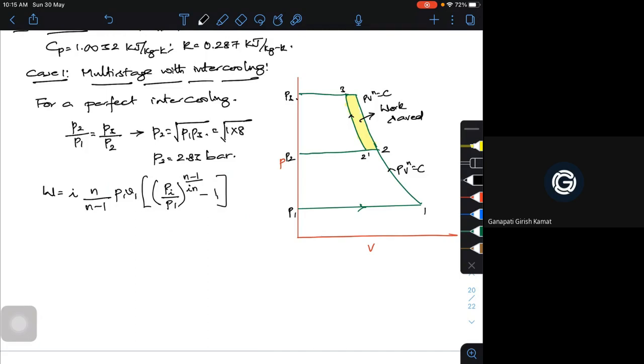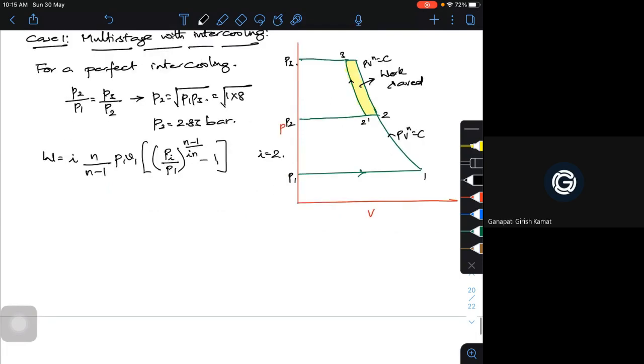Here, for a two stage, I is equal to 2. Let me substitute that.